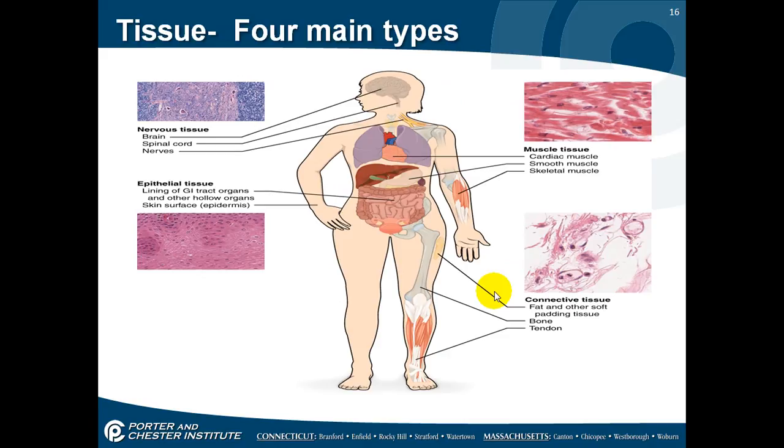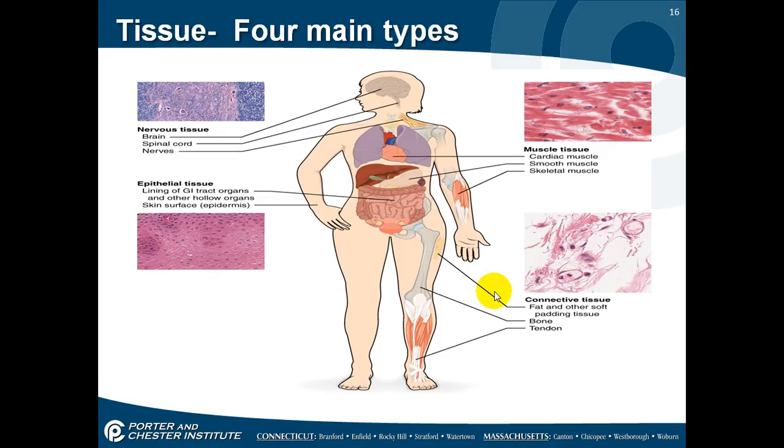There are four main types of tissues. First one we'll talk about is nervous tissue. That includes the brain and spinal cord and nerves. Second one is epithelial tissue. This tissue lines the digestive tract organs and other hollow organs, and your skin surface is made of epithelial tissue. Muscle tissue.